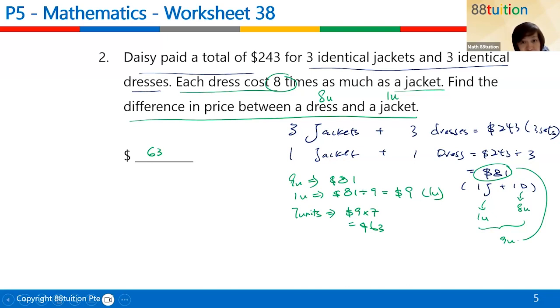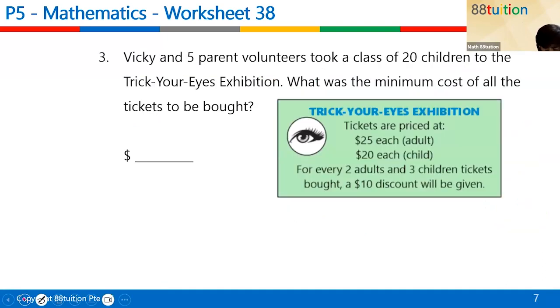Okay. Then question number 3. Let's take a look at this about Trick Eye exhibition tickets, where adult is at $25 and ticket for child will be $20.